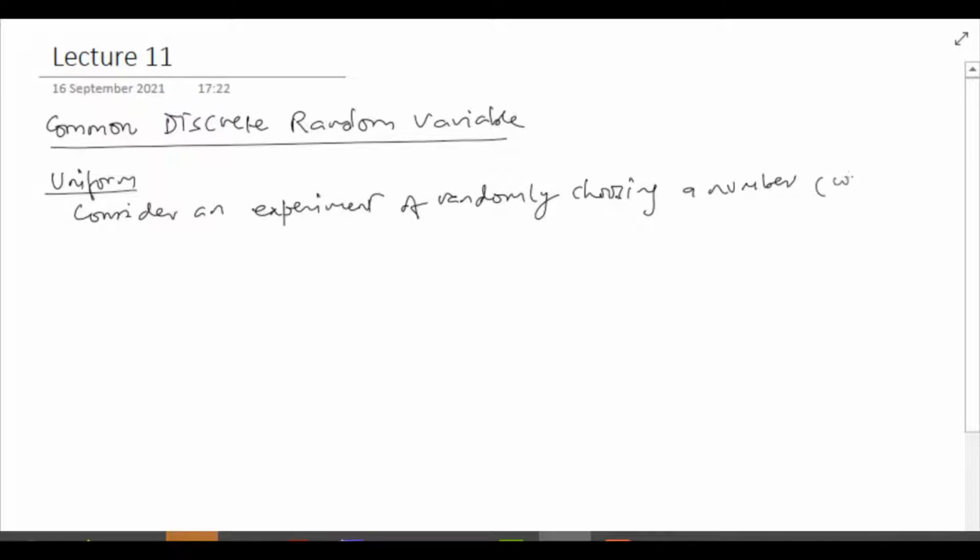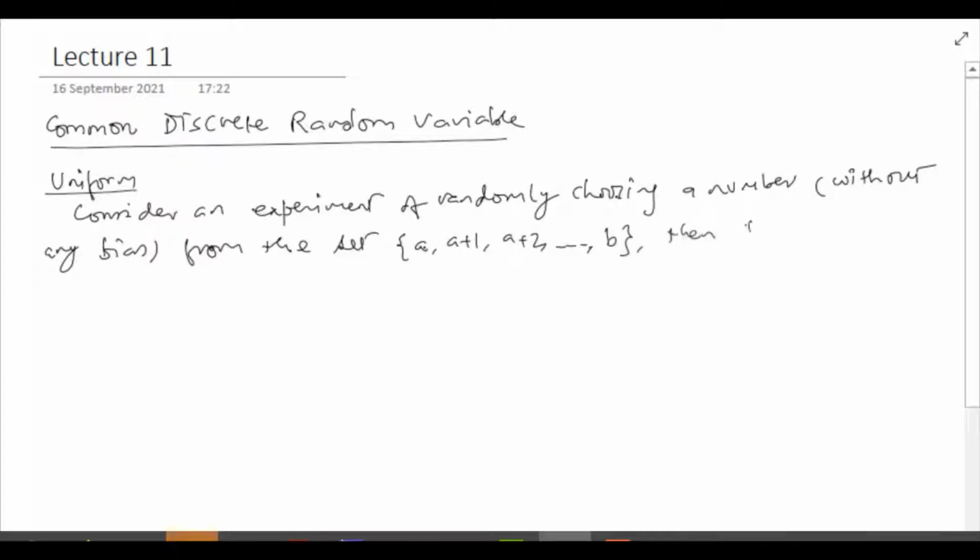When I say randomly choosing, I mean without any bias. From the set A plus 1, A plus 2, dot dot dot B. Here A and B are two numbers. Then the chosen number has uniform distribution.